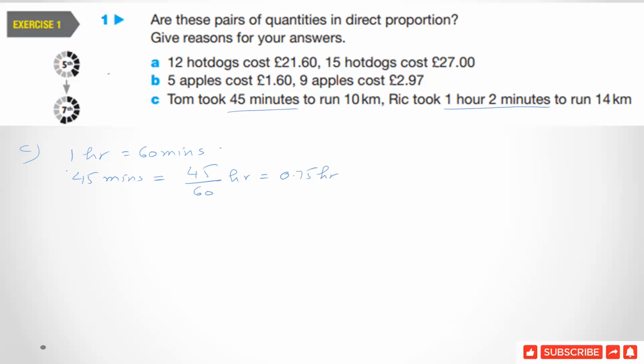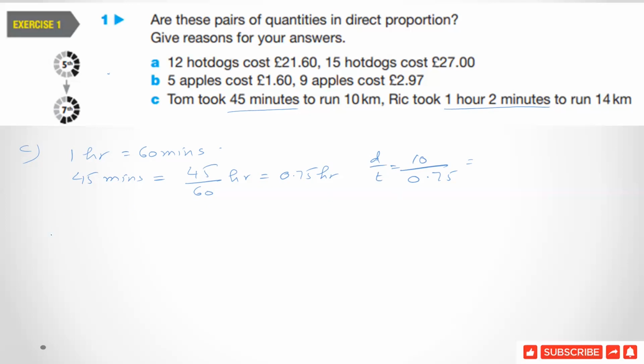Now, Tom took 0.75 hours to cover 10 kilometers. So we can write its ratio as 10 divided by 0.75. This is distance over time.